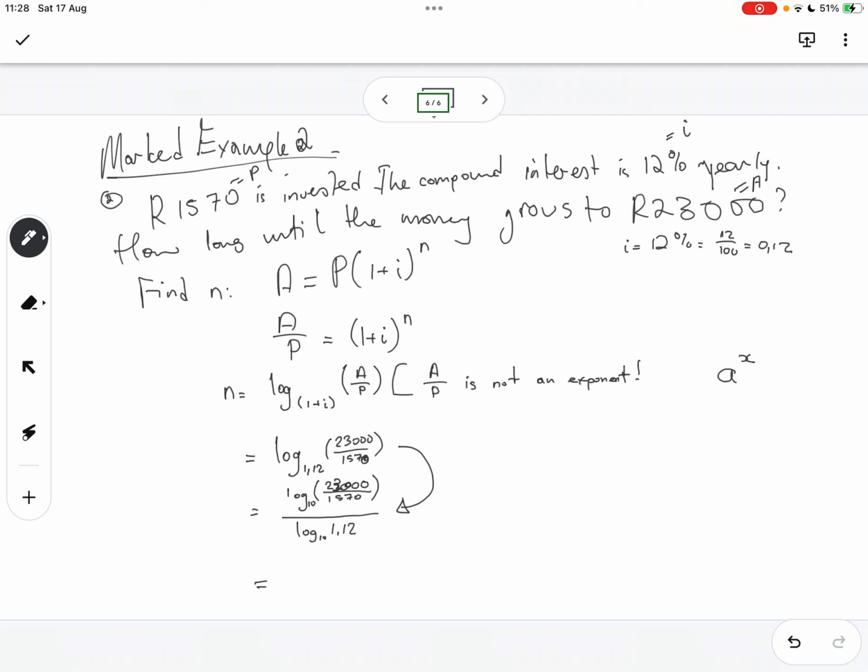And remember, in terms of exponents, this is our base and this is our exponent. And the exponent we are looking for is this one there.